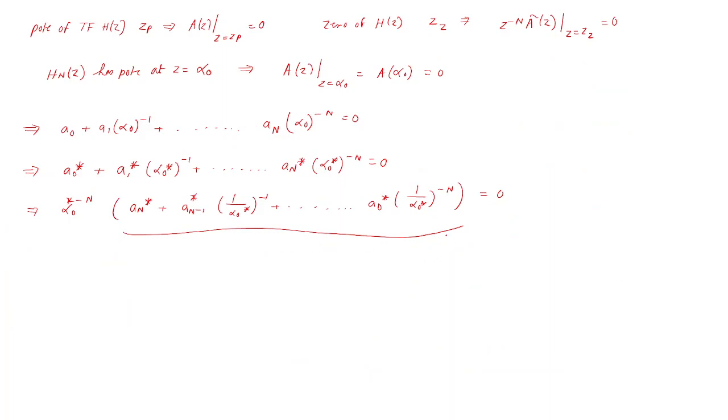So this quantity, if we compare with z to the power minus n times the paraconjugate of A(z), which is nothing but your numerator except the scalar part, of course, this is the numerator which is evaluated at z equal to 1 by alpha naught star.